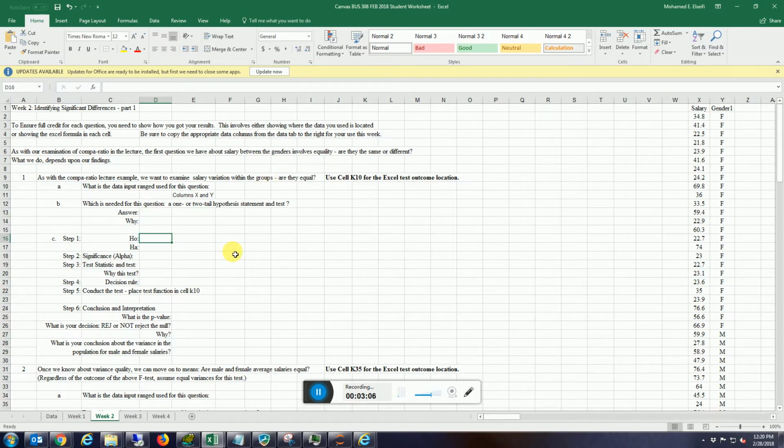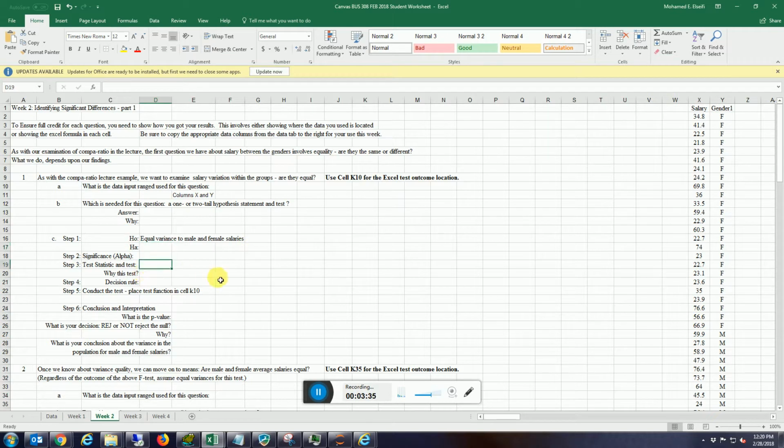Well, the null hypothesis is going to be that male and female have salary variances that are equal. And the alternative is going to be the opposite, that male and female have different variance in their salary.